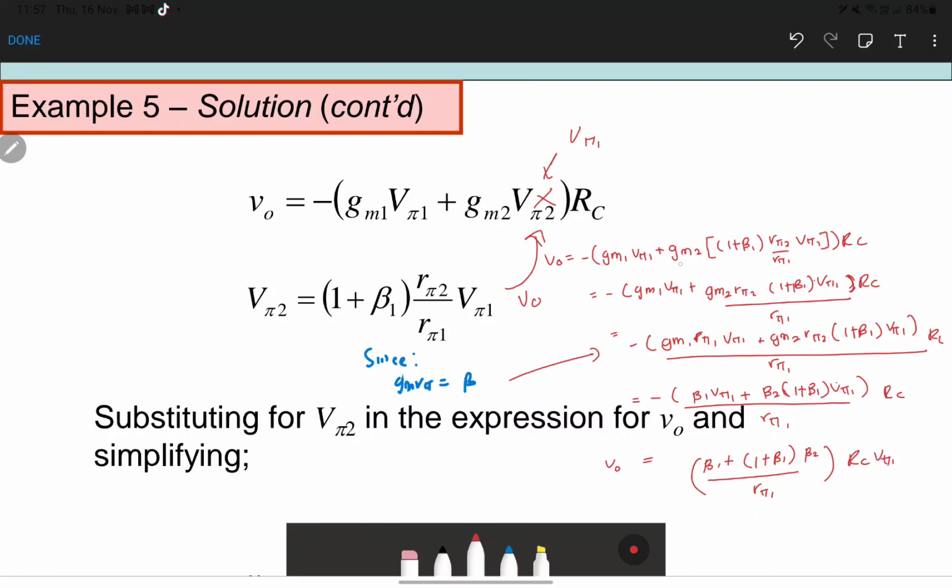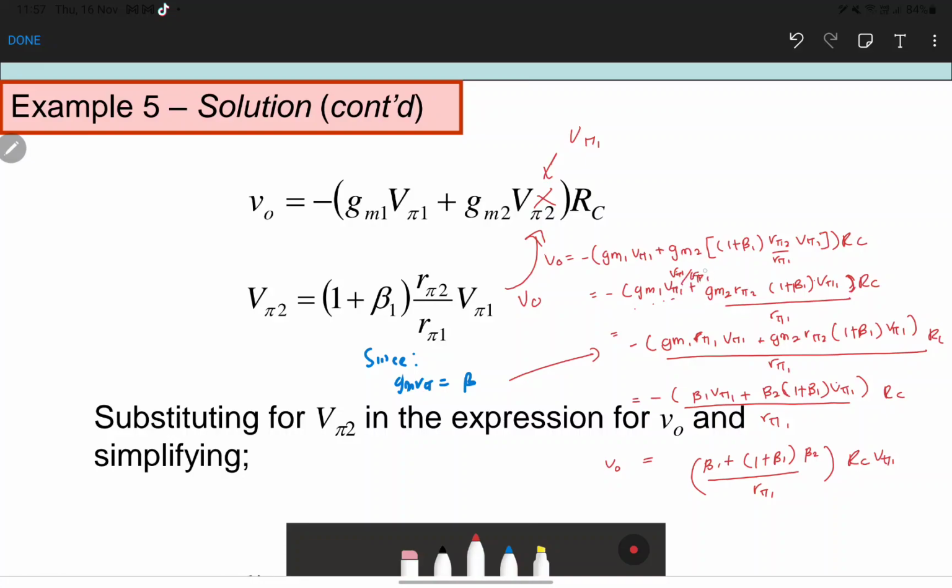So like this, we got gm1 V pi 1 plus V pi 2 times gm2, and then 1 plus beta 1 R pi 2 over R pi 1 V pi 2 times RC. Okay, so we try to make both sides over R pi, so we need to multiply by R pi 1 over R pi 2.